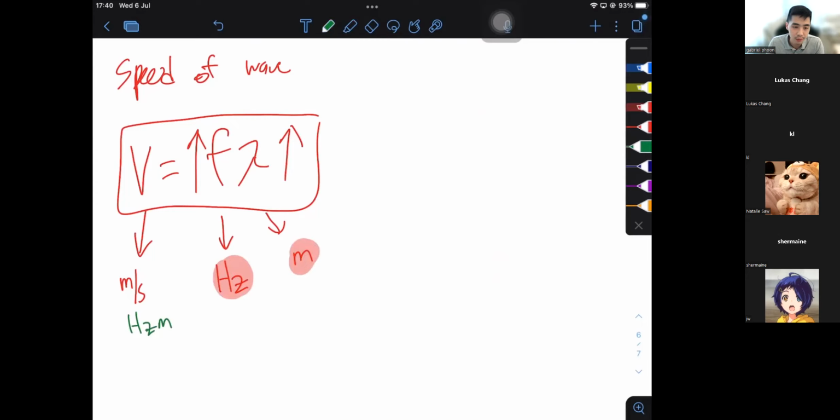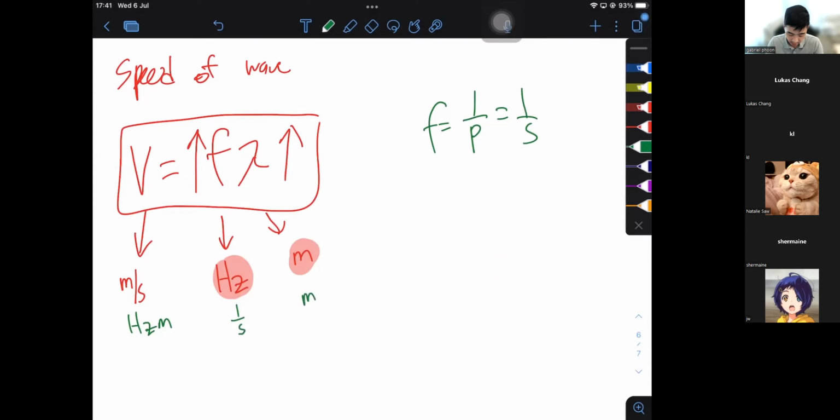The answer is simply that hertz is a derived SI unit. Guys, if you think back to the formula for frequency, it's 1 over period, which is 1 over seconds.